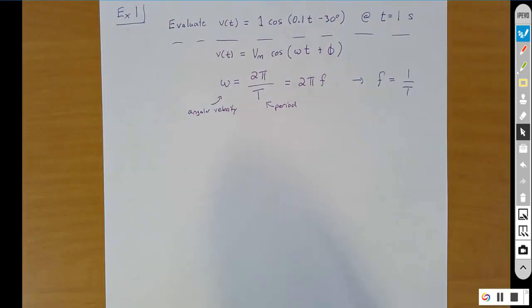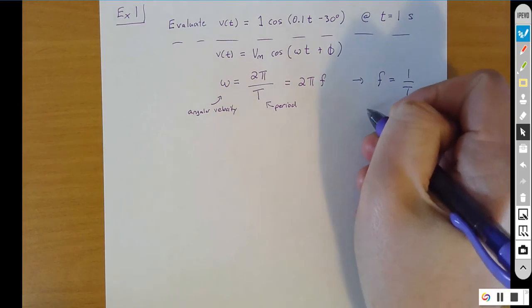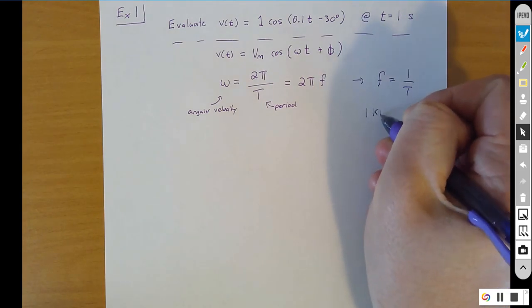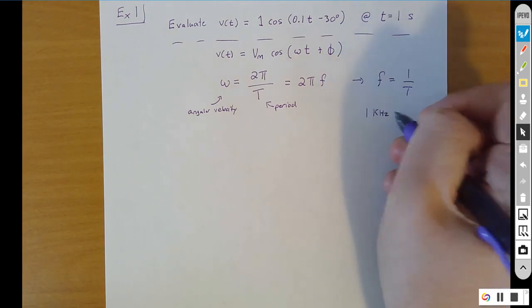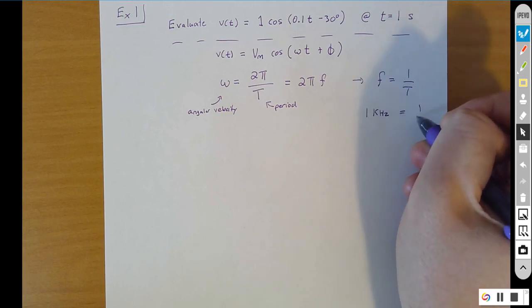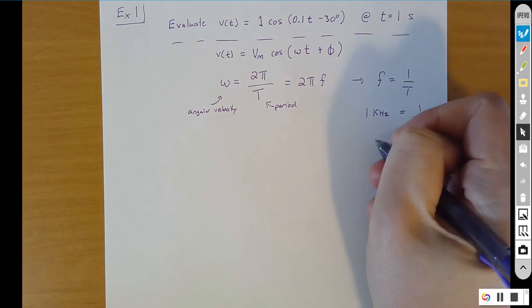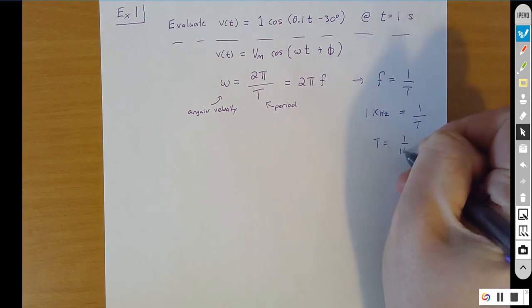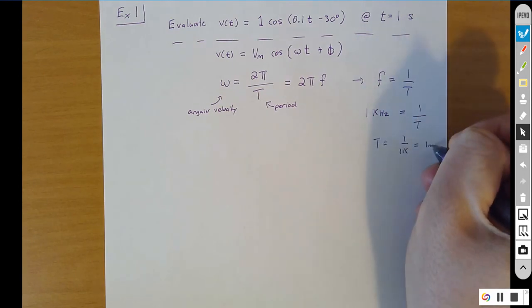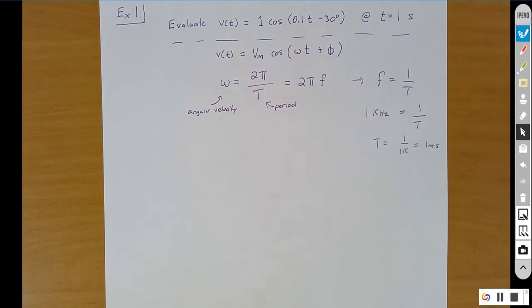So if something is, say, 1 kilohertz, well, 1 kilohertz is equal to 1 over T seconds. So T would be equal to 1 divided by 1k, which would be 1 millisecond. If you ever needed to convert from hertz to seconds, that's how you would do that.